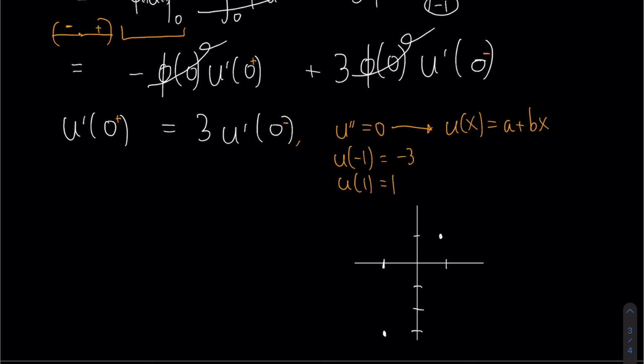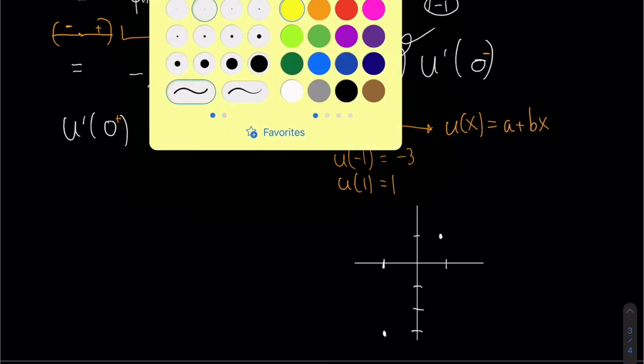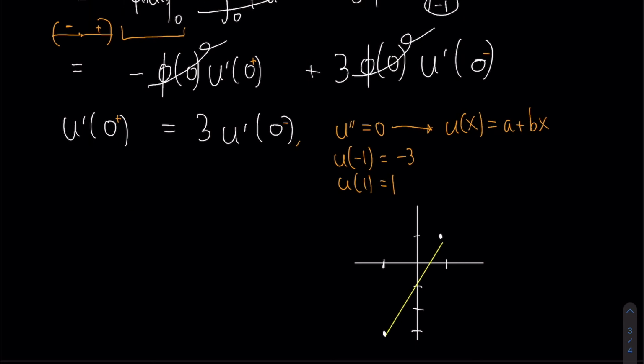A single straight line isn't going to work, so it's piecewise linear, and the derivative from the left at 0 is a third of the derivative on the right side.